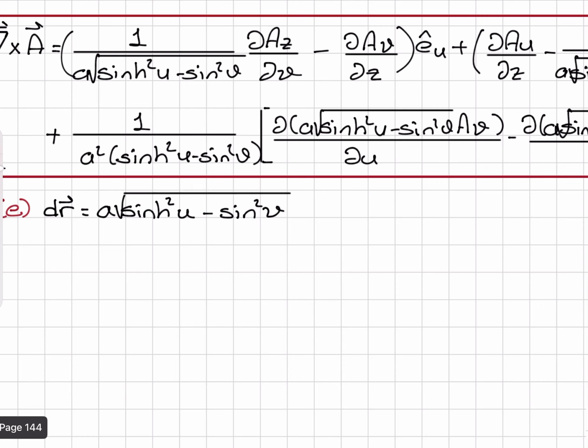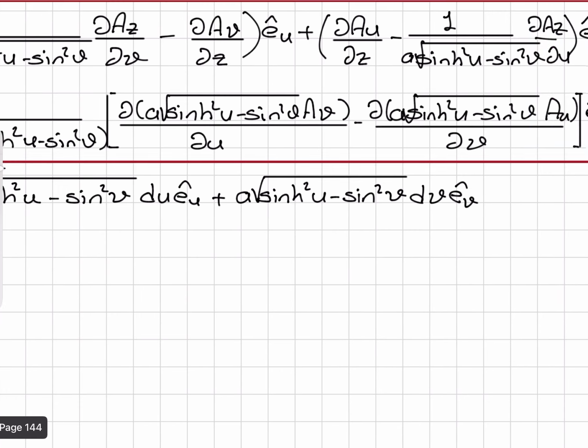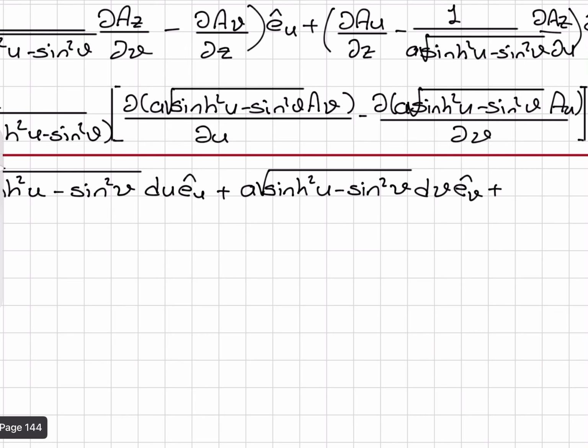This is h_u du e_u hat, plus we have the same scale factor for v, a times the square root of sinh squared u minus sin squared v, dv e_v hat, and the scale factor for z was 1, so it's just dz e_z hat.